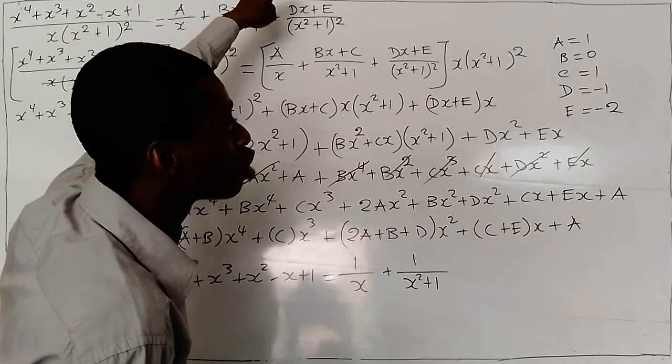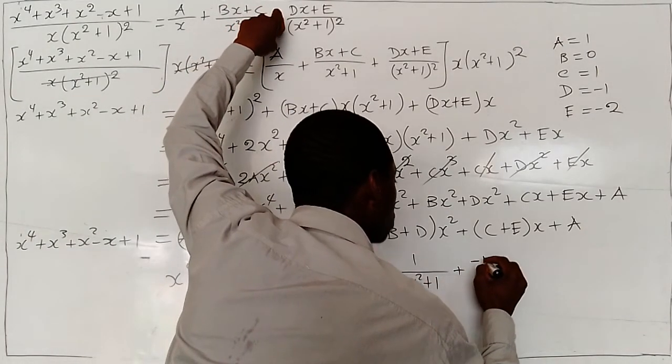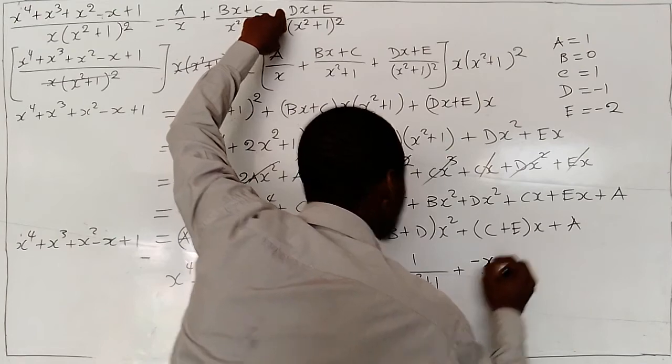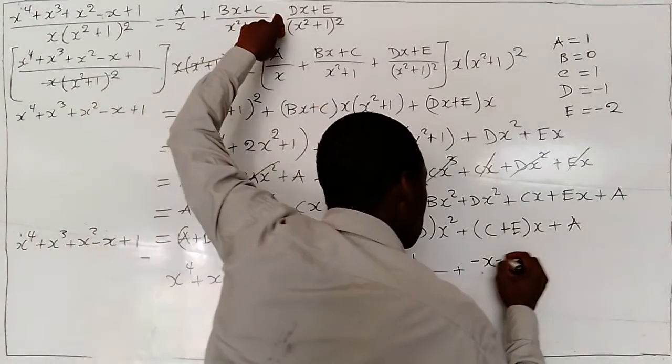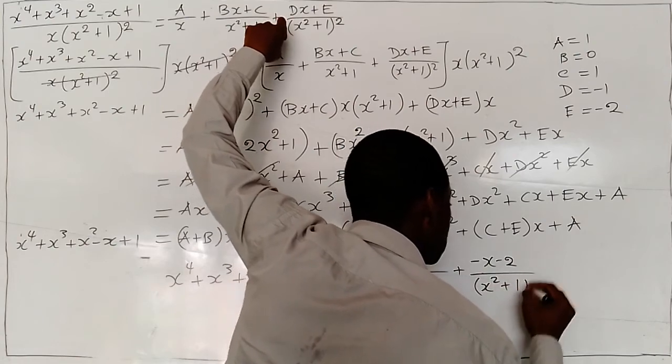Our d is minus 1, so plus minus 1 minus x. Then our e is minus 2 over x squared plus 1 squared.